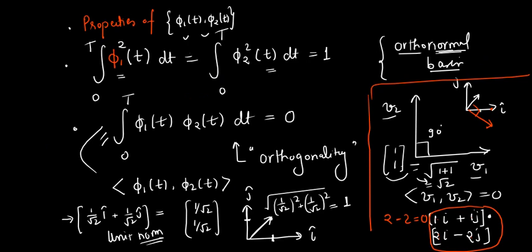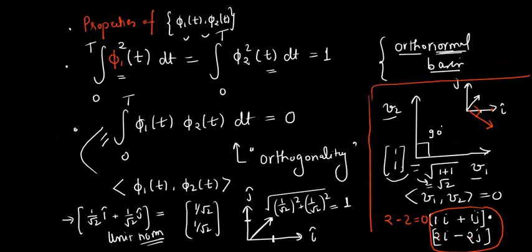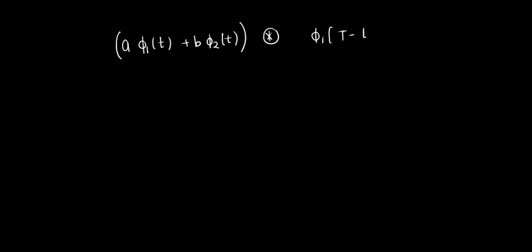Okay, so if these two properties are satisfied by phi 1 t and phi 2 t, let us see what happens. You have passed a phi 1 t plus b phi 2 t, and you are convolving it with phi 1 of minus t in the first branch, and in the second branch we are convolving it with this.